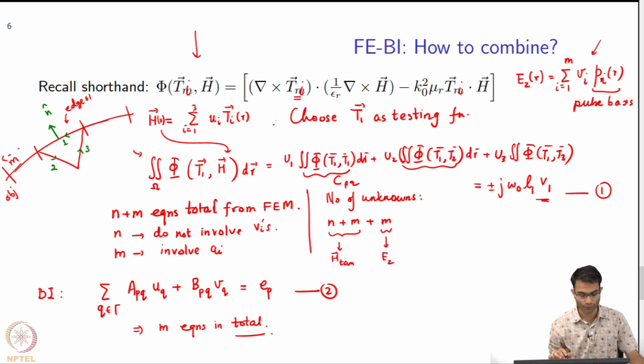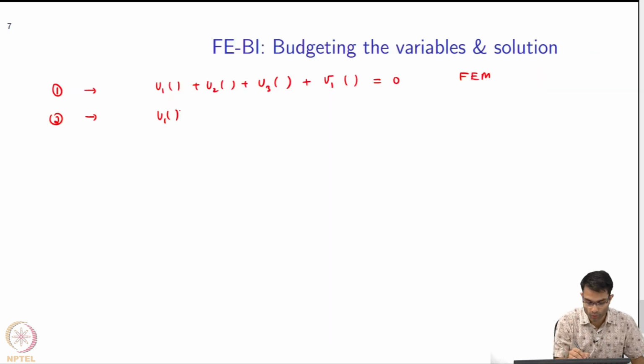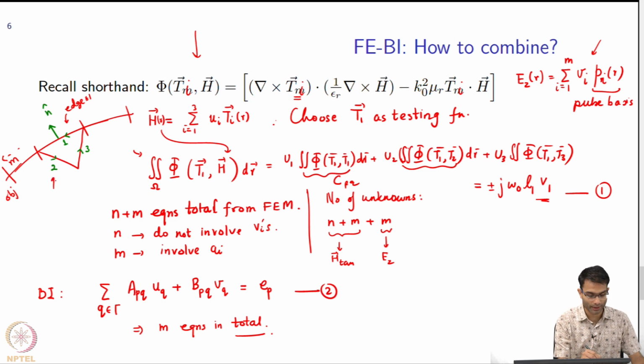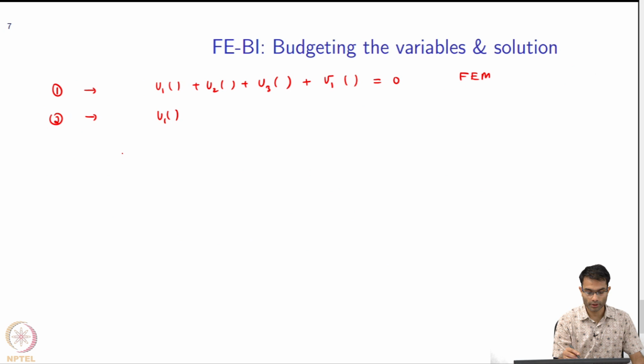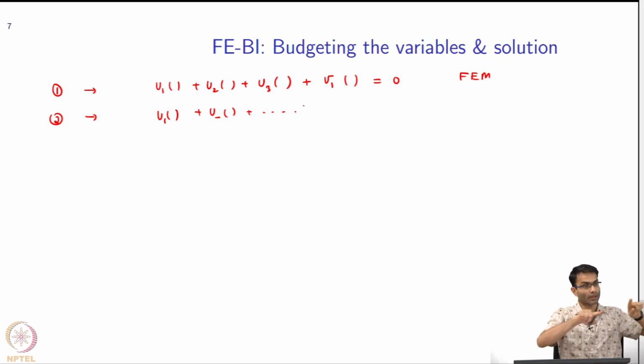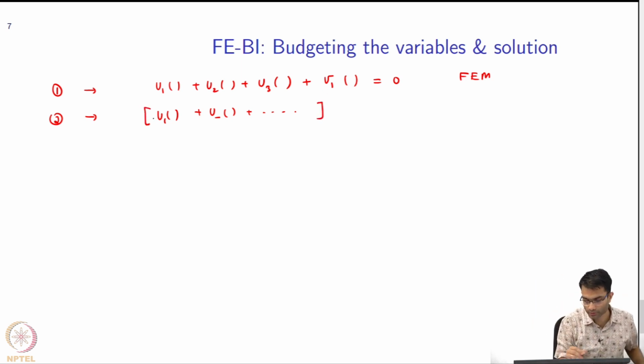Equation 2 will involve all the boundary u's and the boundary v's. So it will be u1; u2 and u3 will not appear because u2 and u3 are interior. So it will have u1 something plus u something else, all of these will come, because that one equation will involve everything. All of them will appear, and v1 something plus all of them will appear.